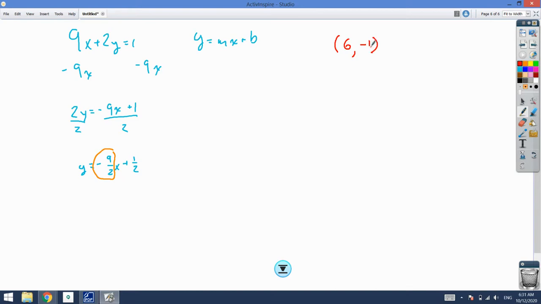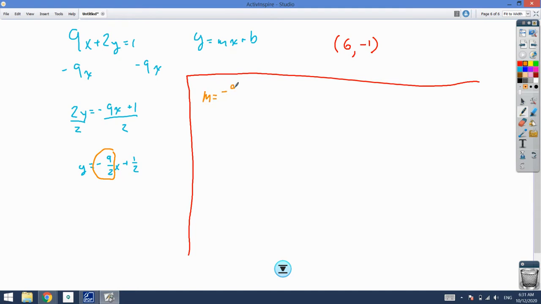So we know what our point is, we know what our slope is, so we can simply solve the puzzle knowing that our point is (6, negative 1) and our m is negative 9 over 2.